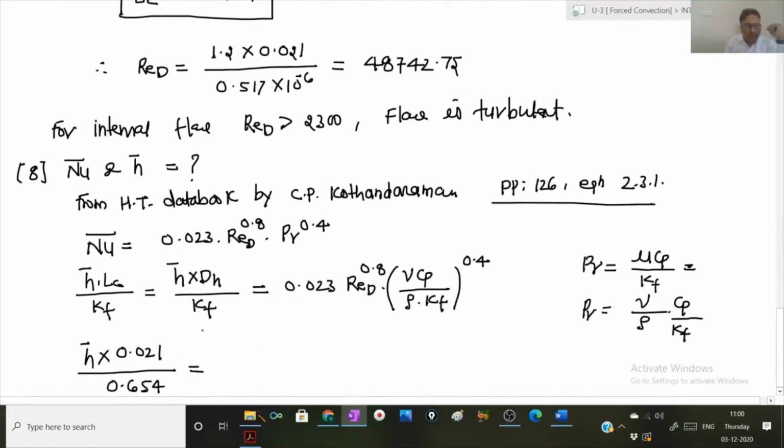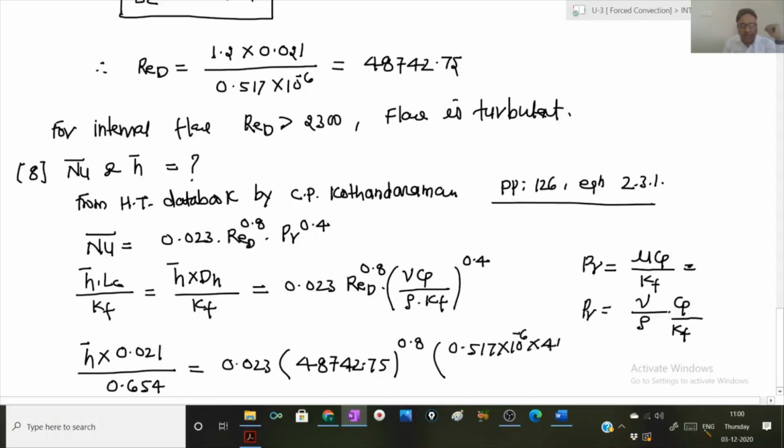So 0.023, the value of Reynolds number just now we have calculated, 48,742.75 power 0.8. Value of nu is 0.517 into 10 to the power minus 6.